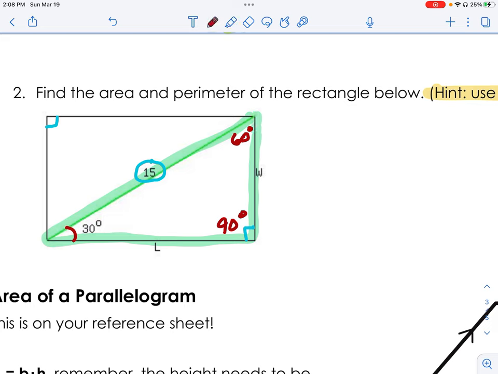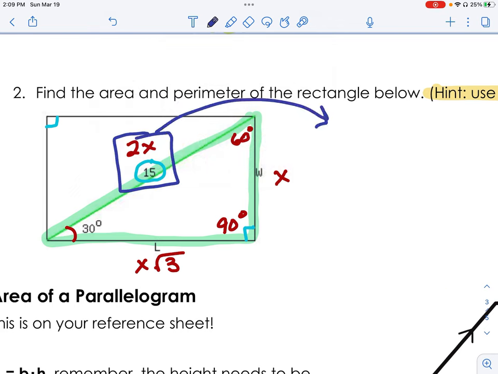We then know that with our special right triangles, this is length 2x, this is x radical 3, and then this is just x. So when I actually plug in the numbers, I have to find x for my hypotenuse.